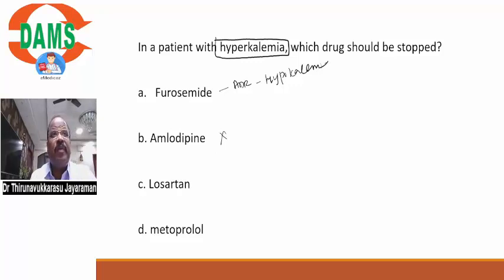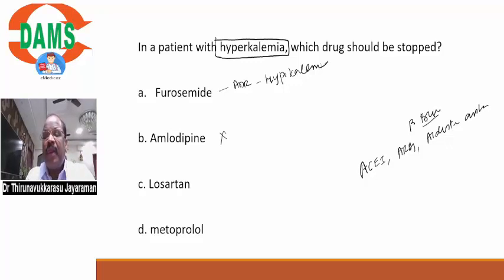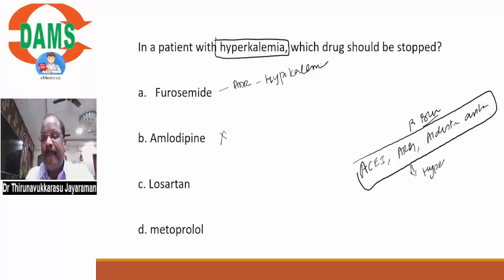And losartan, very important. Remember ACE inhibitors, ARBs, aldosterone antagonists, even beta blockers. Mostly ACE inhibitors, ARBs, and aldosterone antagonists have RAS pathway blocking property, so they themselves cause hyperkalemia.